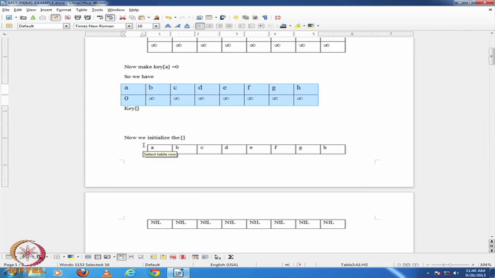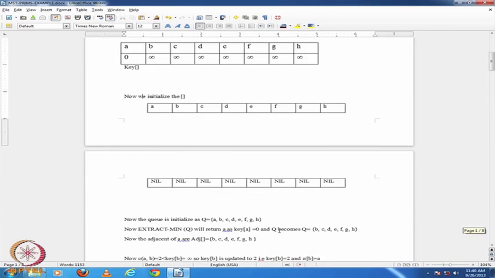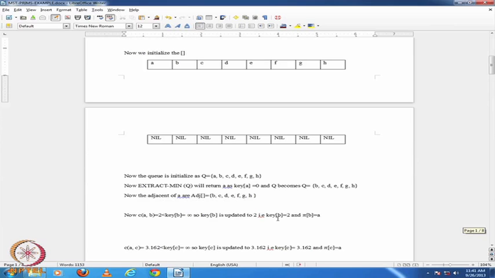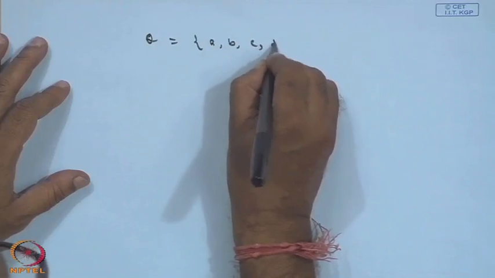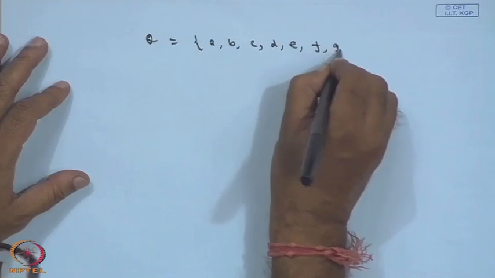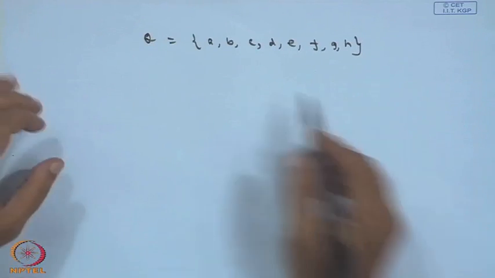I have to initialize the values of pi also, and for this the values will be nil. Initially each and everything will be nil. You have this figure, I am not going to this figure at first. I am just writing this. Initially you are having the Q as A, B, C, D, E, F, G and H. Now, what is the minimum of this?